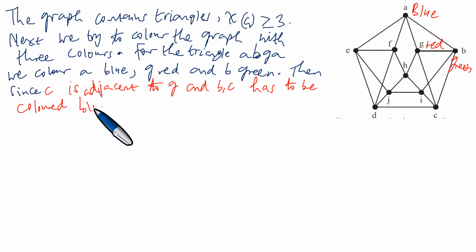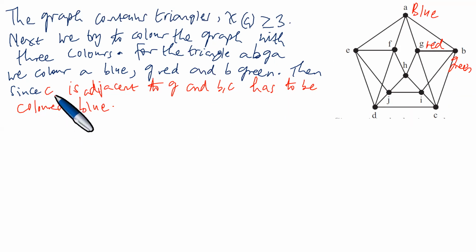Let's analyze what this means. For the triangle ABGA, we color A blue, G red, and B green.